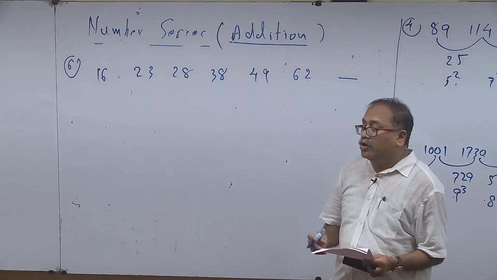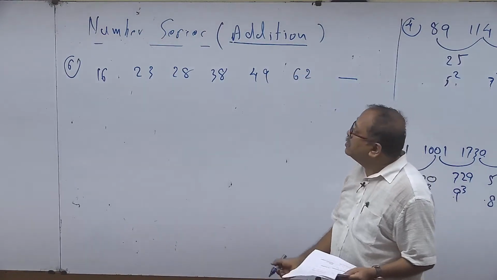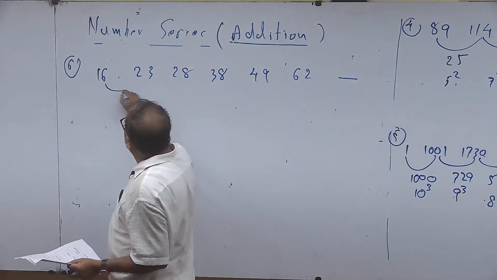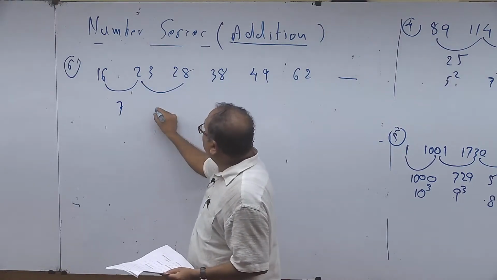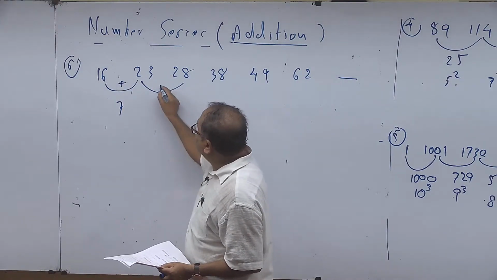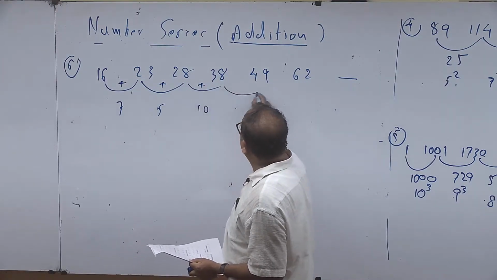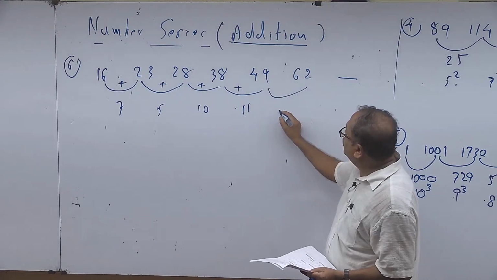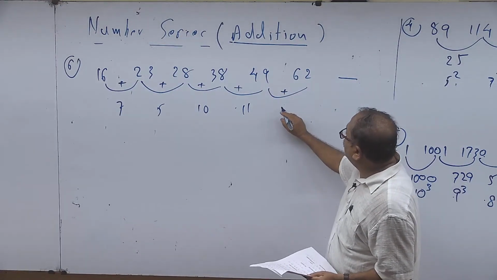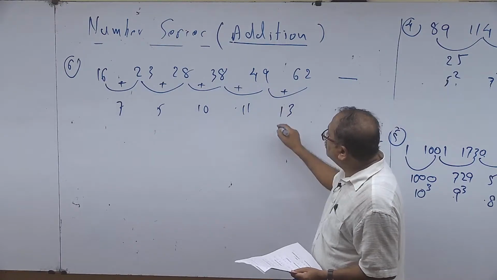Okay. Now obviously as we are dealing with addition, take the difference. When you take the difference from here to here, 7 is added, and from here to here 5 is added, this plus 7 and this is plus 5, and here it is plus 10, and here it is plus 11, and here it is plus 13.